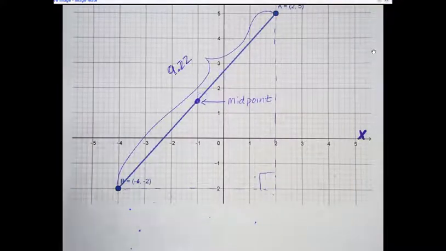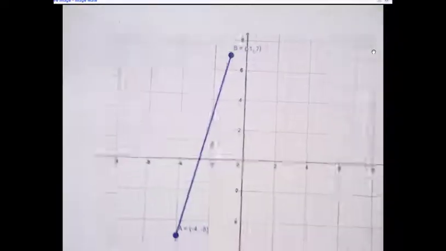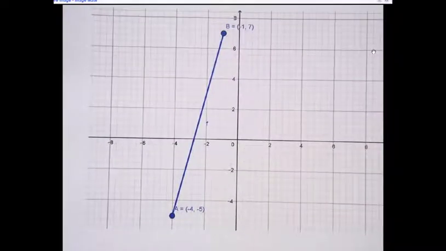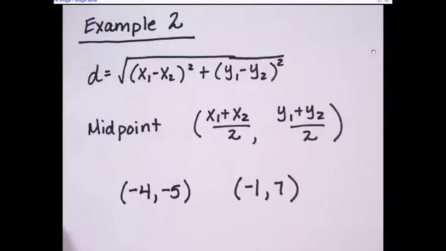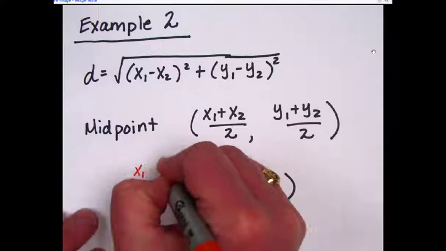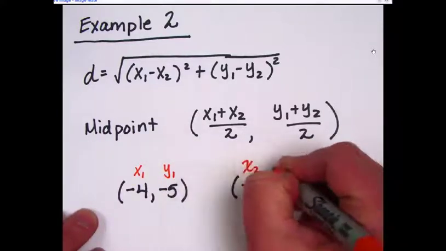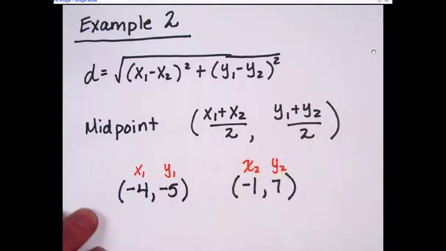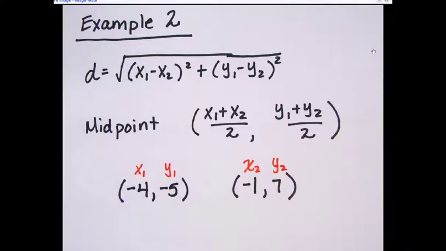In this example, we've changed the points slightly, same idea. We're finding the distance and we're finding the midpoint. So looking at our formulas again on one page, and here are my points. Again, it is a good habit to label your points x1, y1, x2, y2, and if you do that, then your formulas become easier to use.